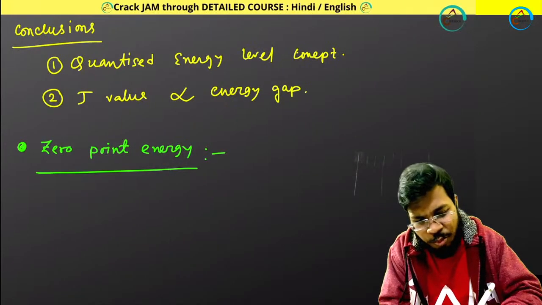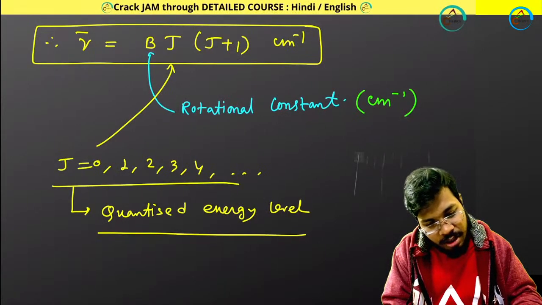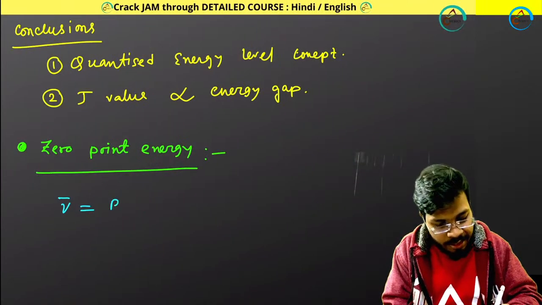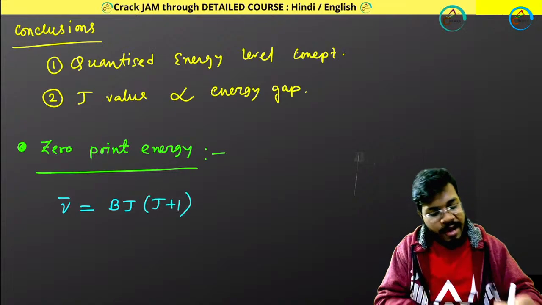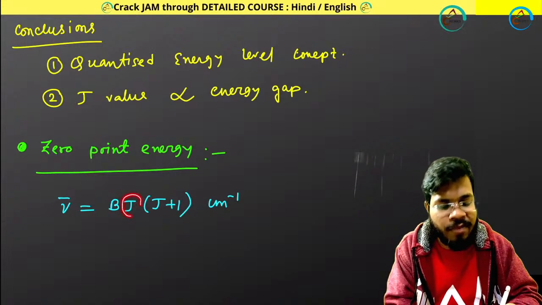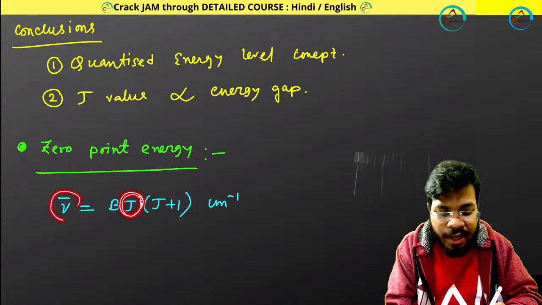So let me put this value. Your energy expression is nu bar equals bj into j plus 1, in centimeter inverse. Now I am putting the lowest possible value of j. So for the lowest possible value of j, what is your energy value?